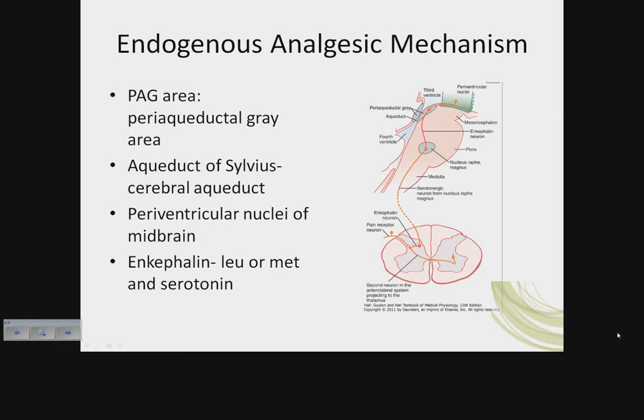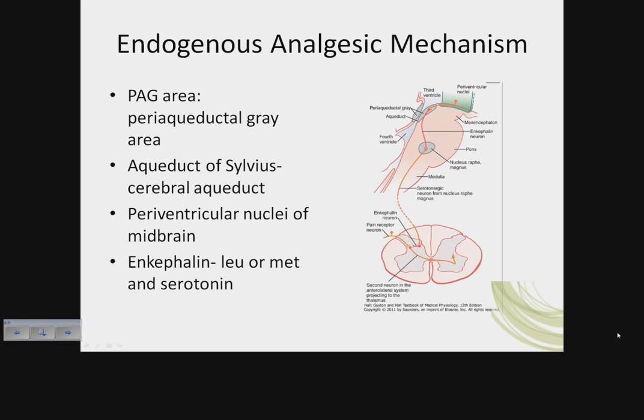So if you look down here, the red axon from our neuronal cell body in the periaqueductal gray area is terminating on a second neuron, in the lower region of the pons and upper region of the medulla. Okay, that's where it's just connecting to another neuron, and you're seeing the axon of that orange neuron is going down to the spinal cord.